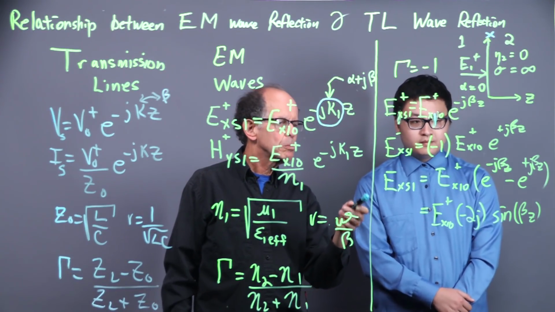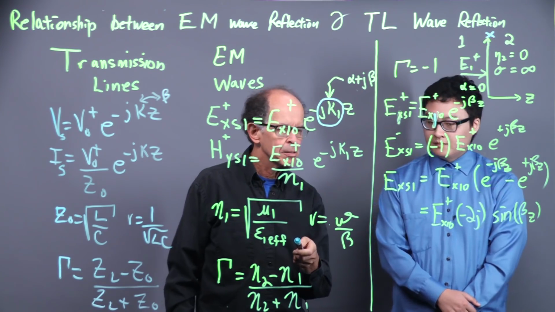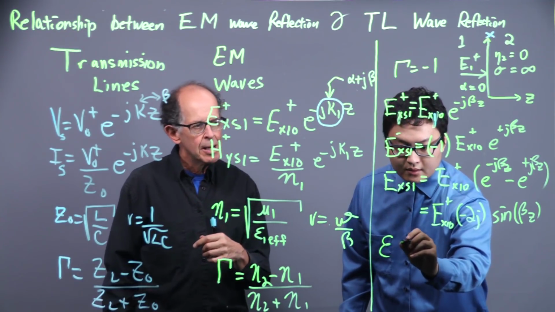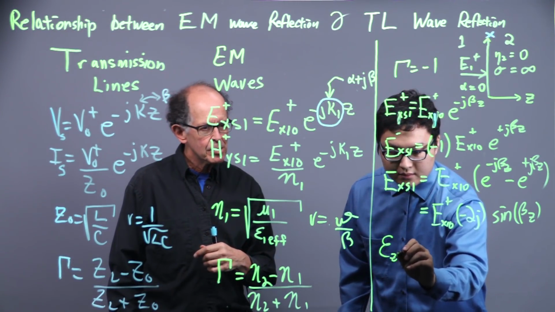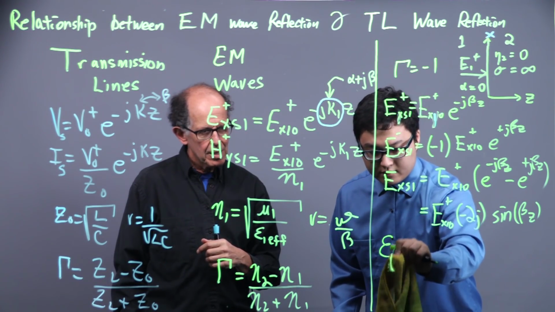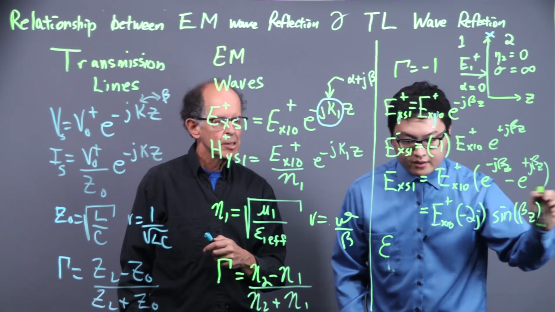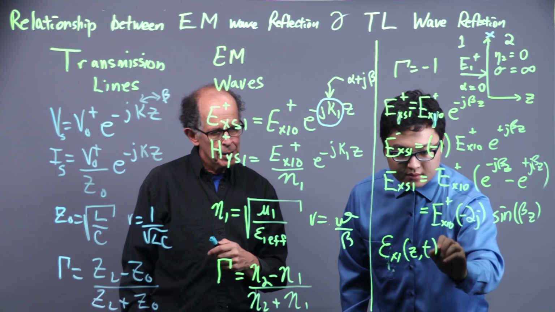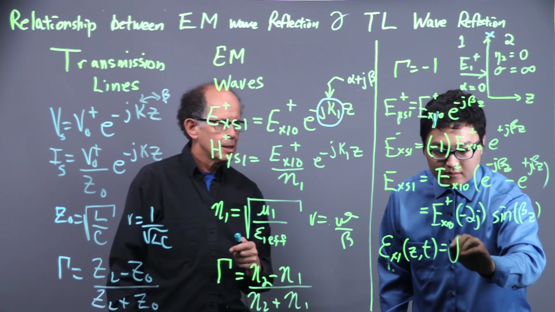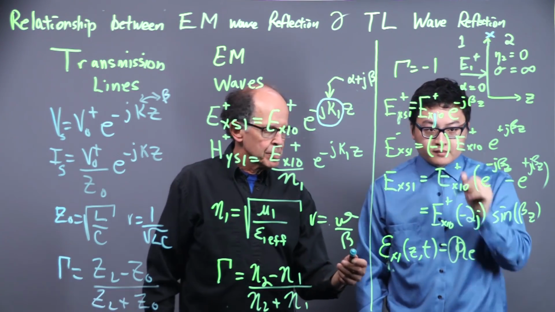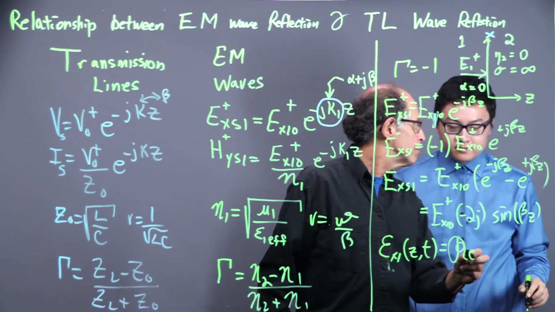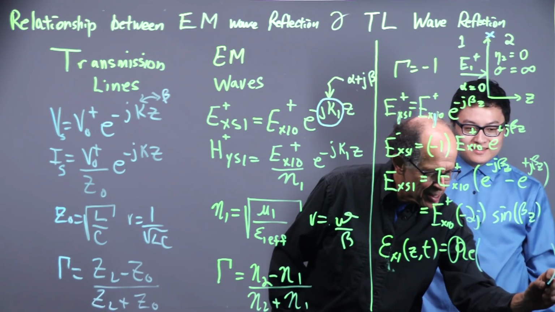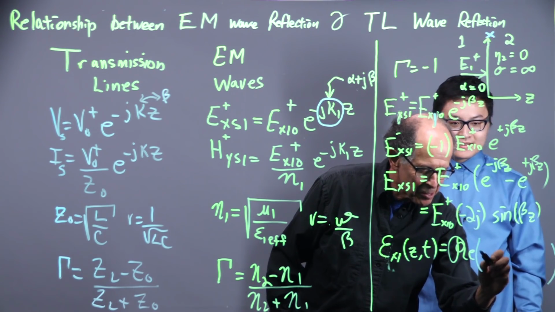Now I want you to write the instantaneous form carefully. We have to use the real part, so E of z comma t, EX, which depends on z and t, equals the real part of.